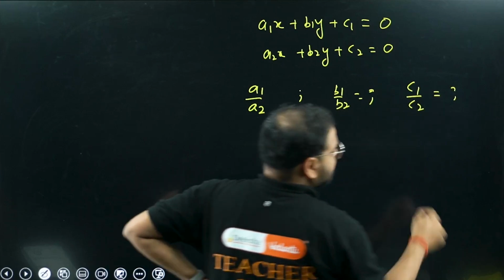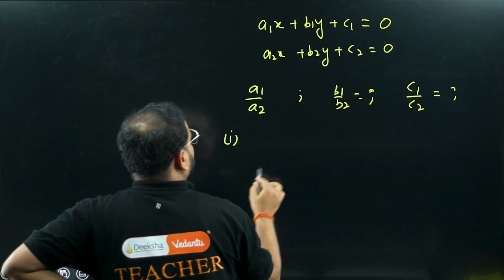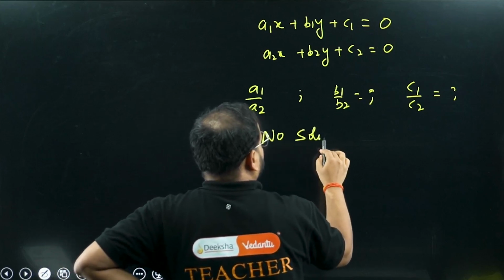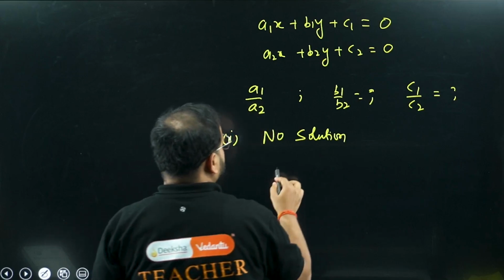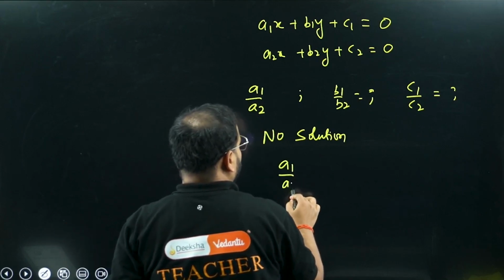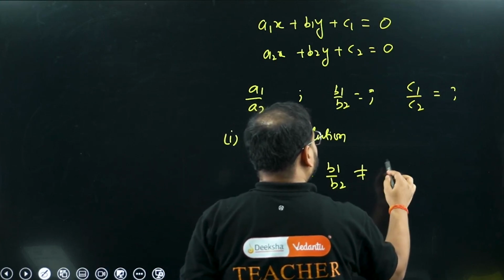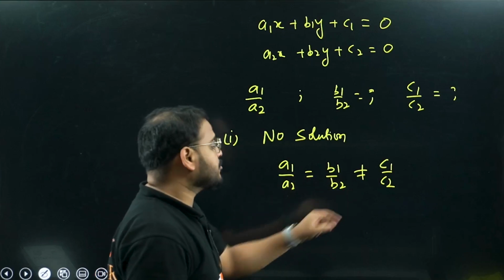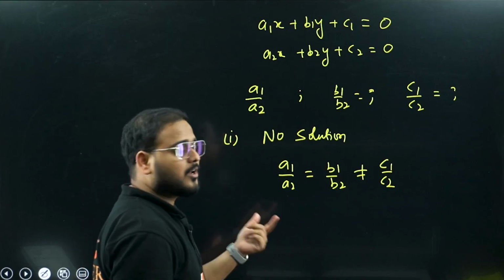Once you find these values, please check case 1, no solution. This is if a1 by a2 equals b1 by b2 but is not equal to c1 by c2, then this case of pair of linear equations will give you no solution.